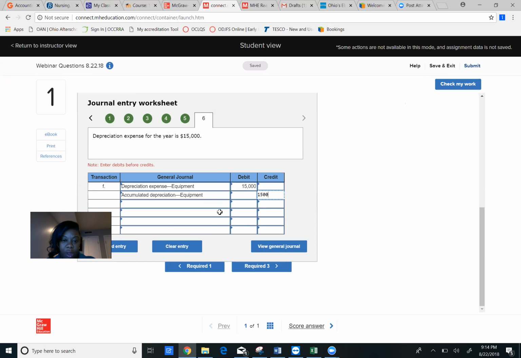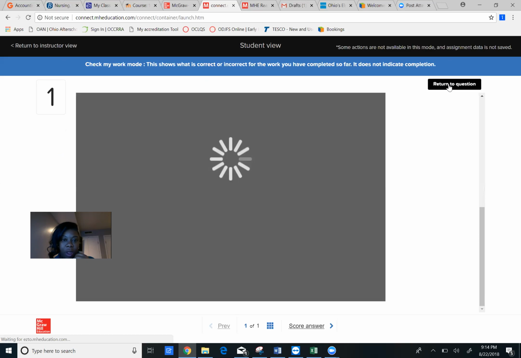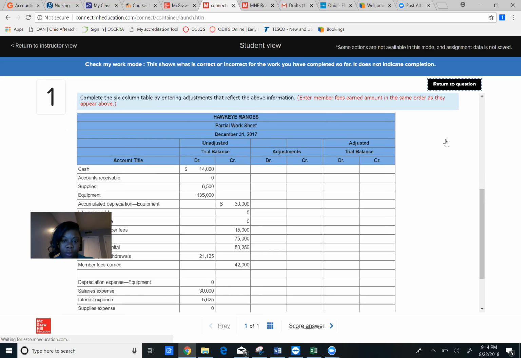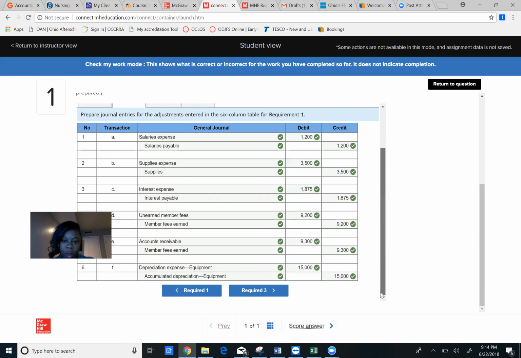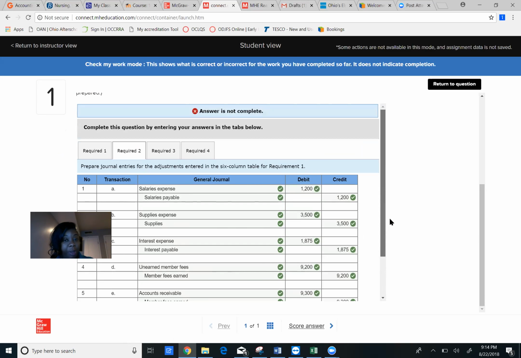It was our offset. So then we're going to check my work and see if we got it right. All right, we are good to go. So we've completed all of our journal entries.